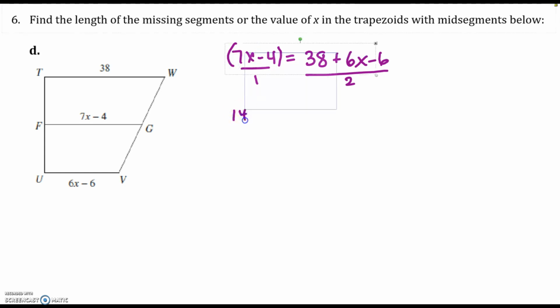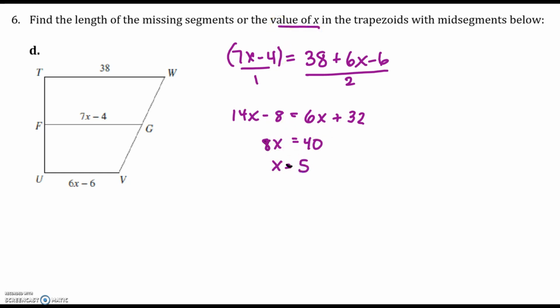So you're going to have 14x minus 8 is equal to, and then 1 times 38 plus 6x minus 6, you can combine those and get 6x plus 32. Subtract 6x from both sides and add 8 to both sides, and then when you divide by 8, x is 5. And again, it did just want the value of x.